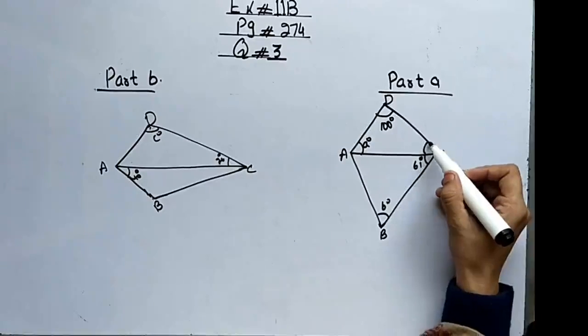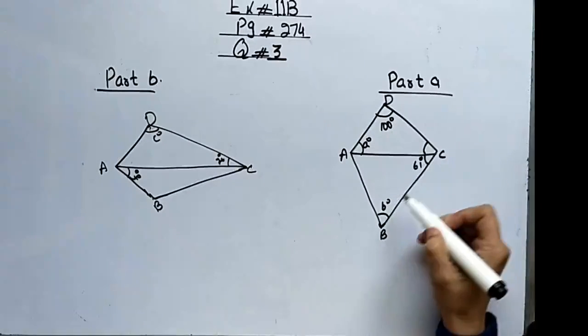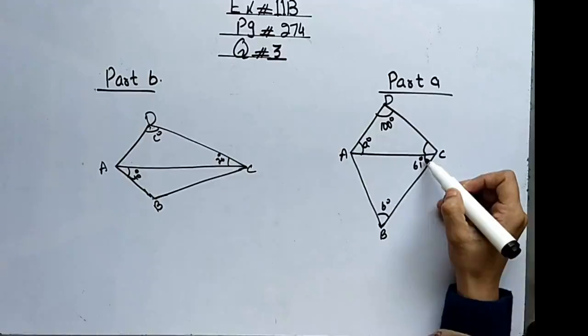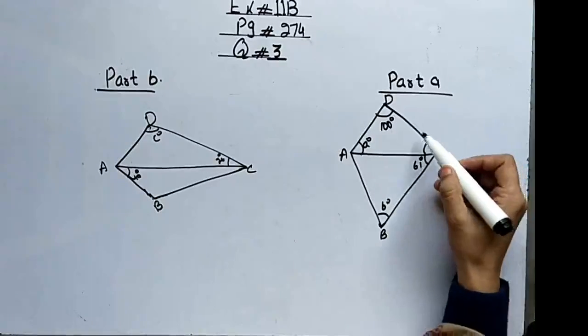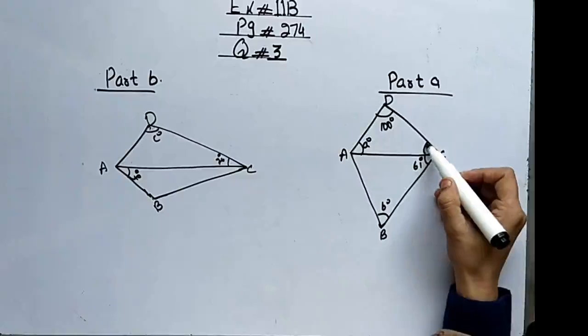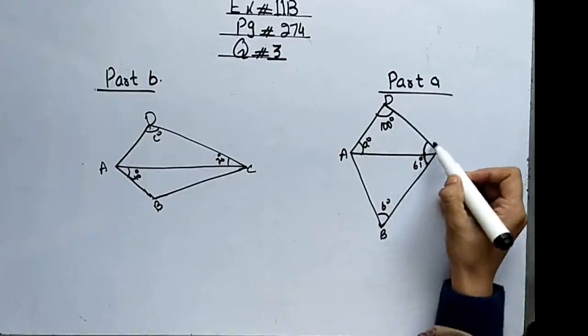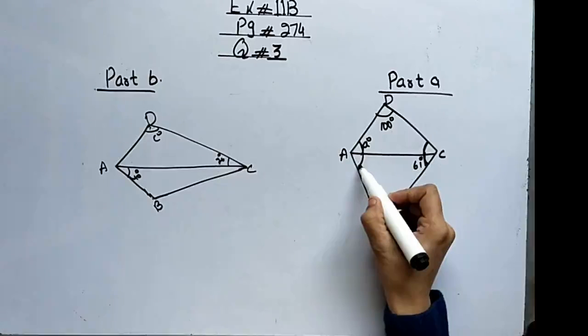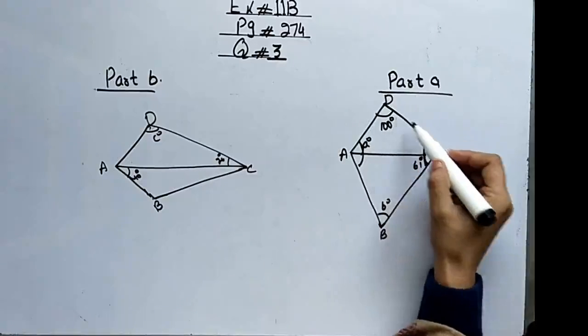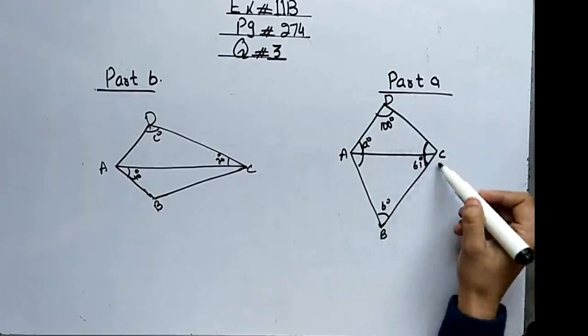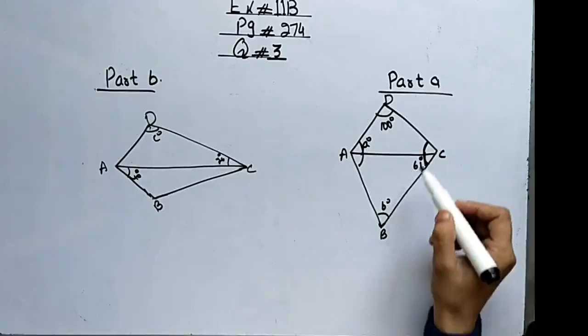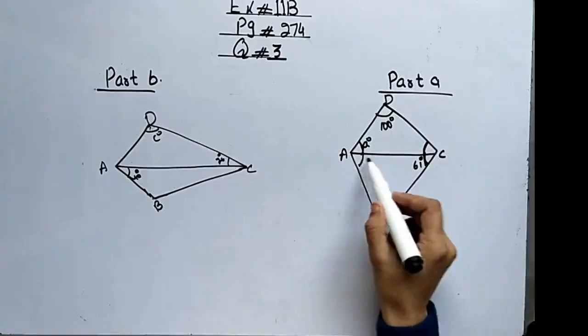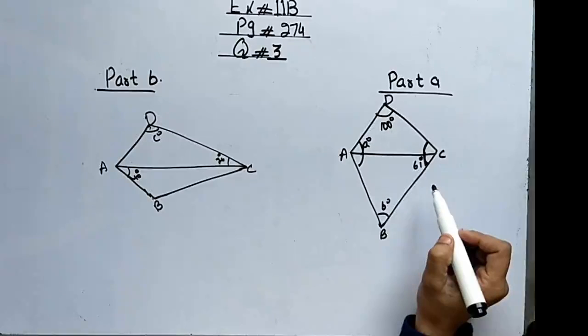So the angle between one small and one large side, the angle between two unequal sides, this whole angle must be equal to this whole angle. The angles between two unequal sides are the same.